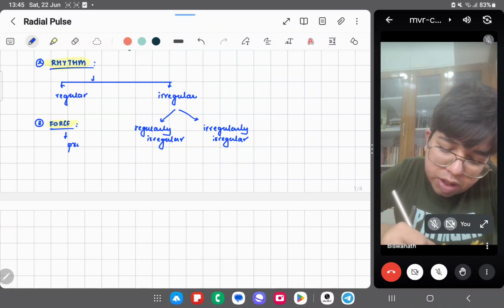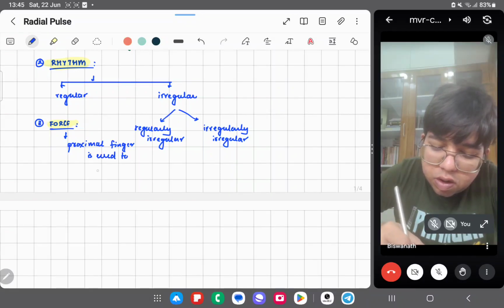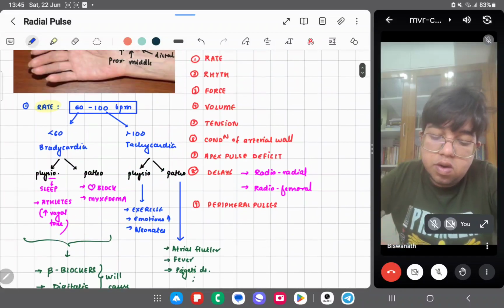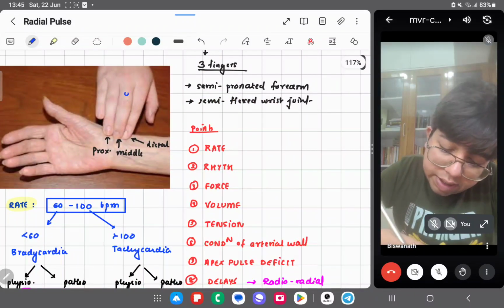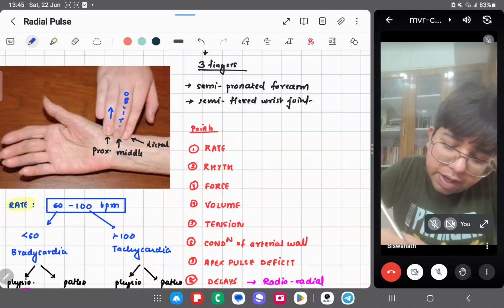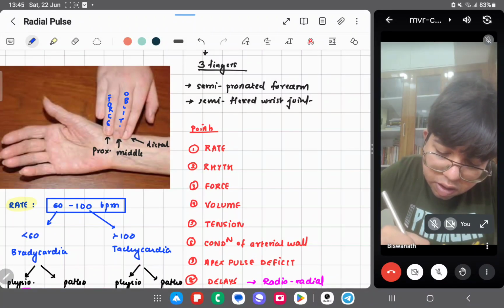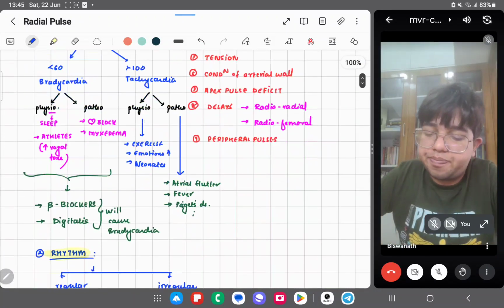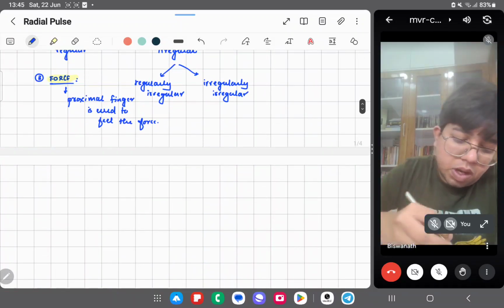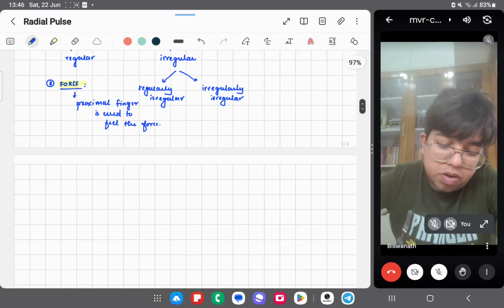So the proximal finger is used to feel the force. You are obliterating with this finger, and with this proximal finger you are feeling the force. Understood? This much you have to know. Just don't deviate or go into more details.